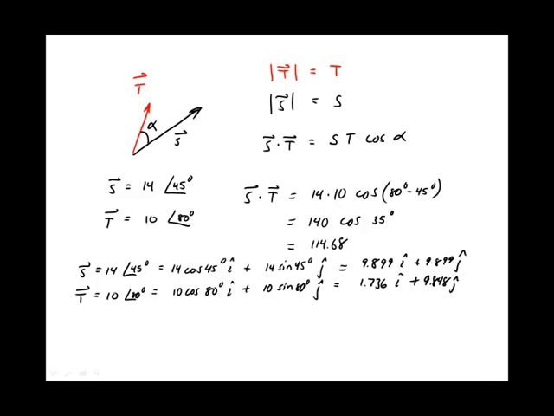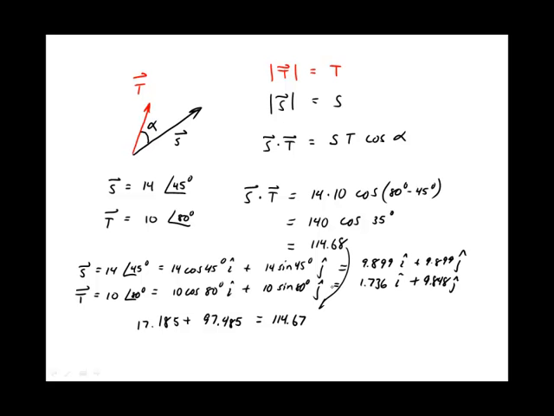Well, if I take 9.899 and I multiply that by 1.736, I get 17.184, 17.185 if I round that up. And if I take 9.899 and I multiply that by 9.848, I get 97.485. And if I add those two together, I get 114.67.